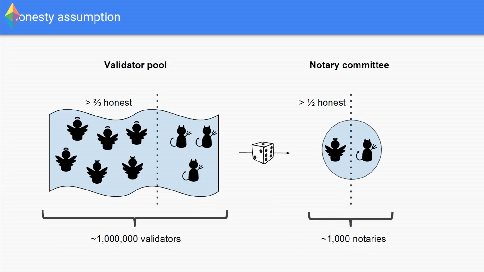And it turns out that if you have 2/3 of the validators in the global validator pool that are honest, then if you sample 1,000, then with very, very high probability, at least half of the committee of notaries is going to be honest. And so we can use that to basically attest for data availability of blocks.